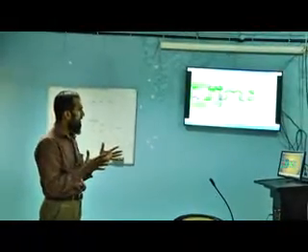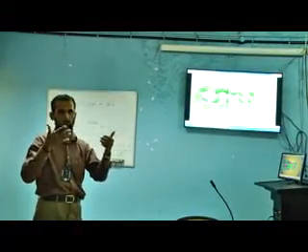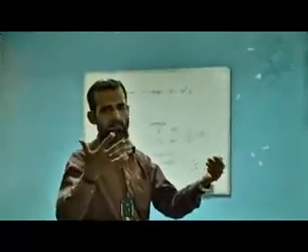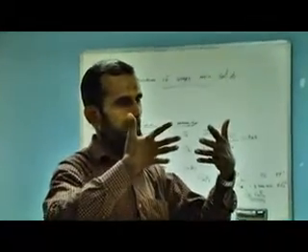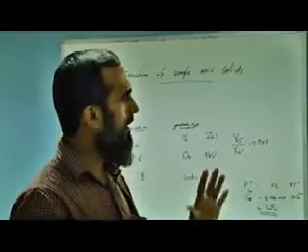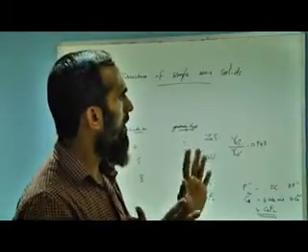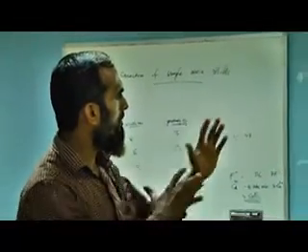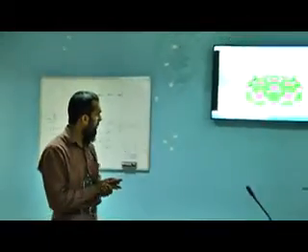Actually, it is that there are 2 FCC lattices, one that of Na plus and the other that of Cl minus, which are interpenetrated halfway. So that is the actual arrangement of sodium and chloride ions in NaCl.